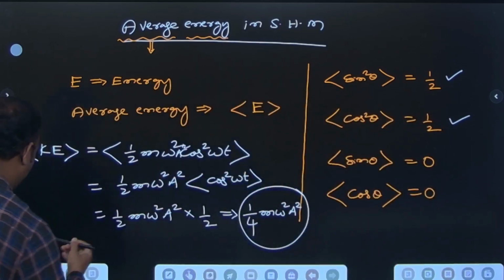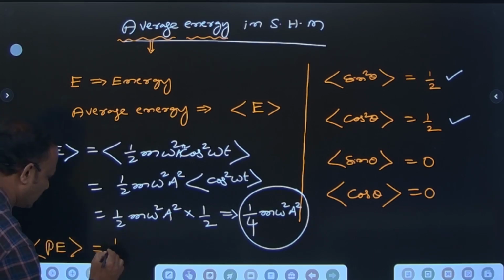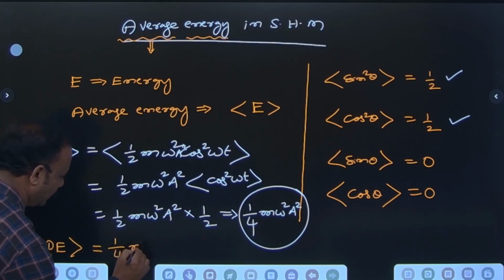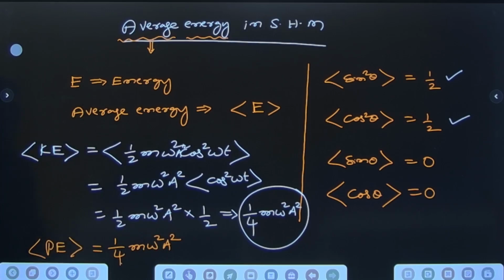Similarly, we can write the average value of potential energy, which is equal to 1 by 4 m omega square a square.